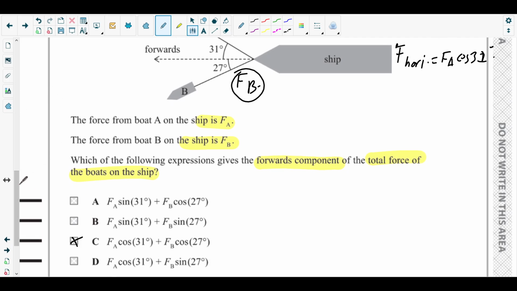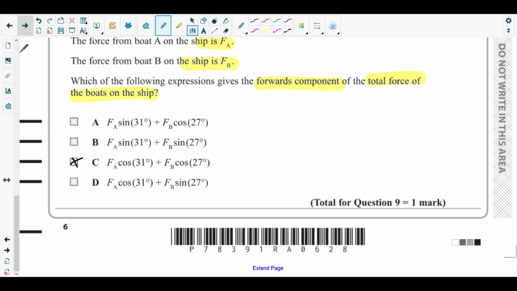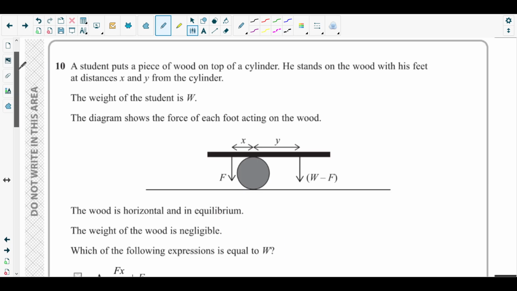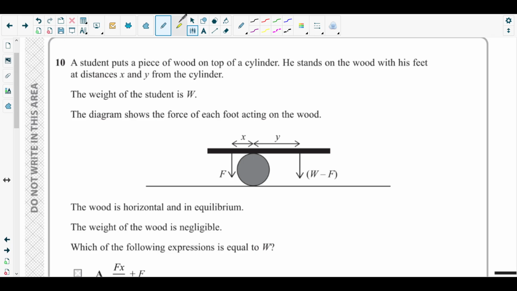That's it. The last MCQ of this paper, question number 10. A student puts a piece of wood on top of a cylinder. He stands on the wood with his feet at distances x and y from the cylinder. You can see in the figure, it's pretty clear.